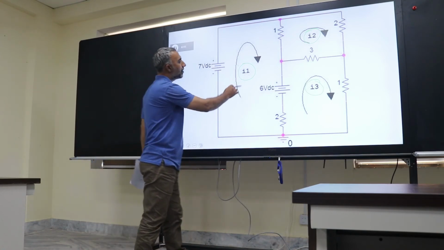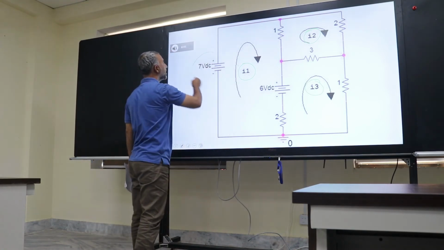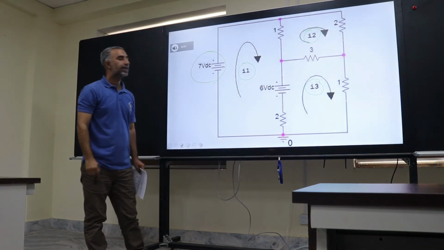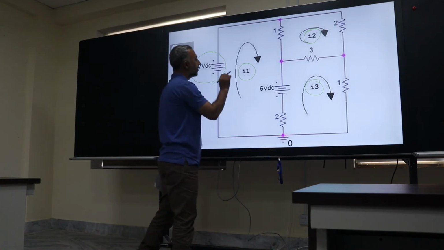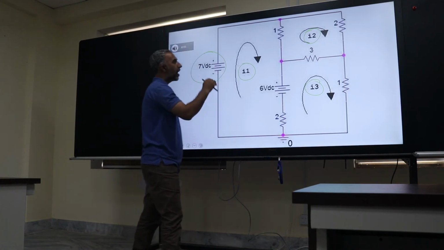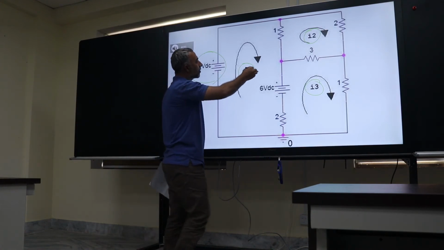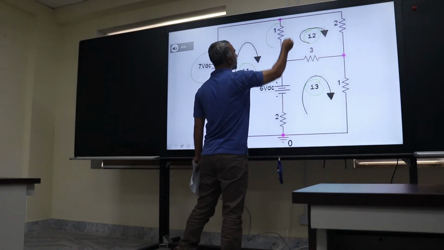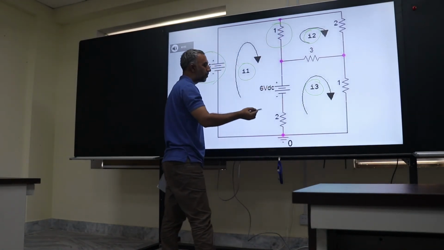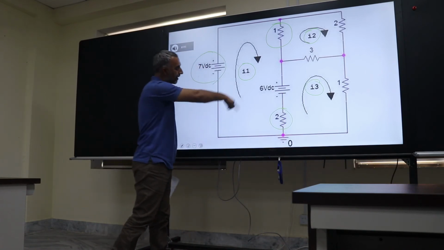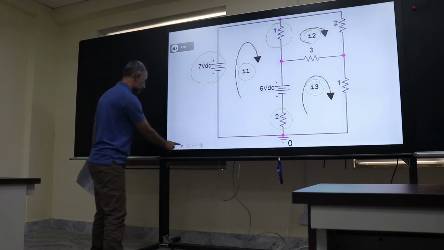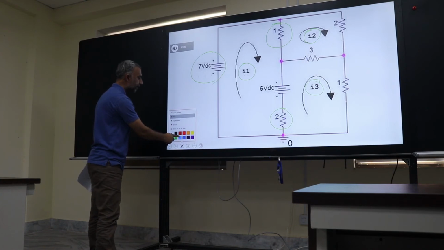For I1, we are considering this voltage is kind of a source voltage. This one is the resistor 1, or you can say bulb 1, and this one is the resistor 2, also attached to this. Let me use one color for this.